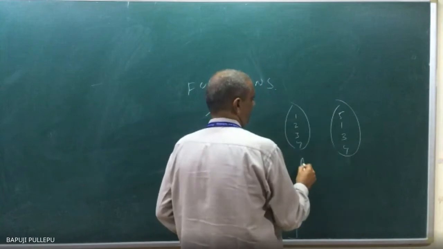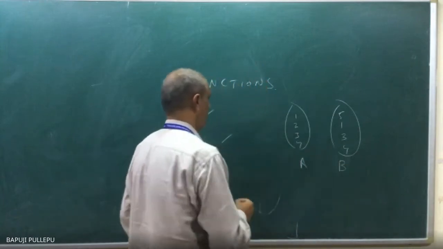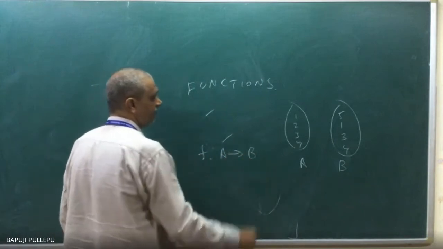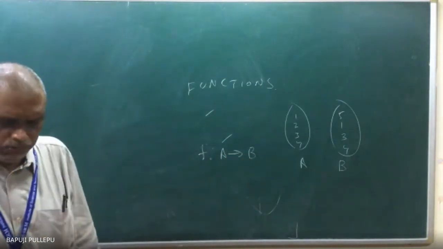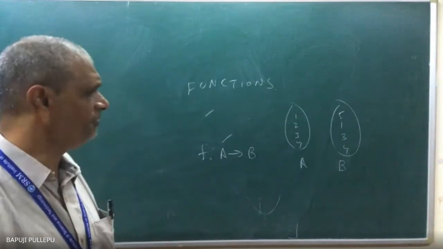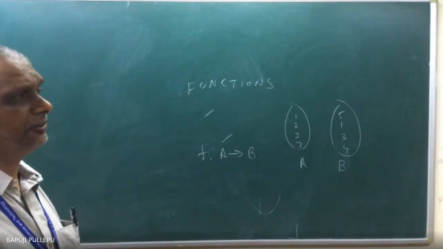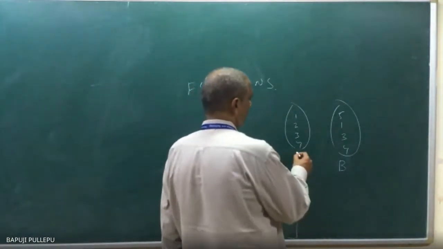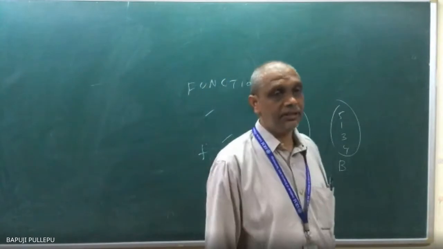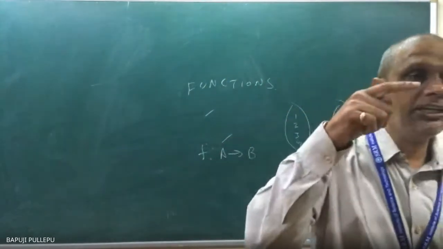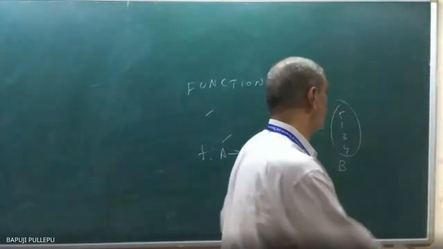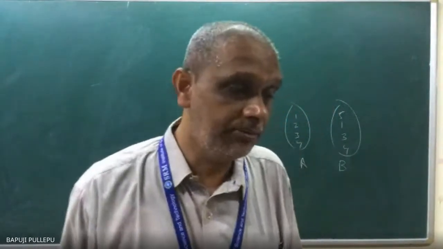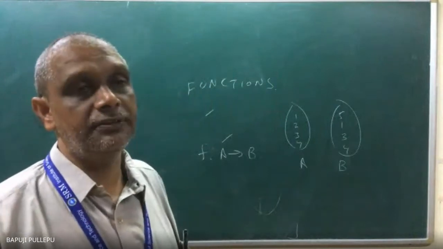See, this is A, B. F maps A to B, or f of A is equal to B. This is called the domain. Every element in the domain you have to link with an element in the codomain. You have to show one fellow in the codomain. If you are not able to, it's not a function first of all.